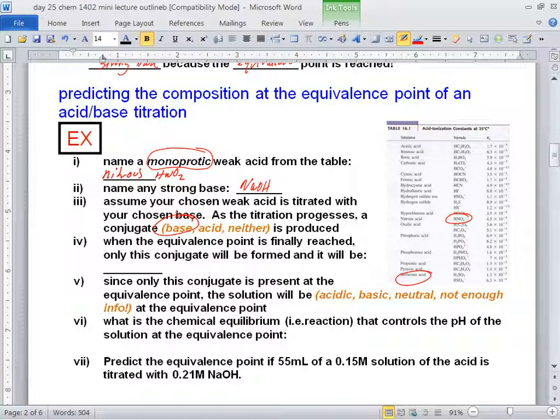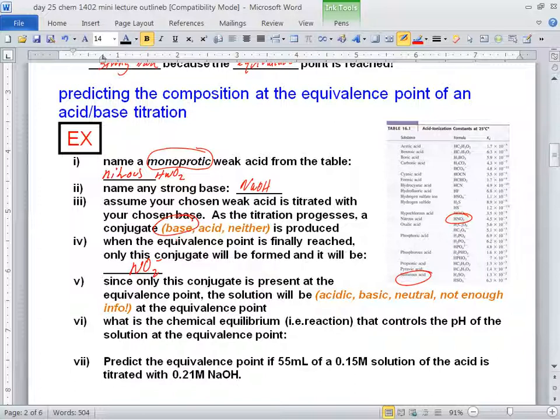When the equivalence point is reached, only this conjugate will be formed, and it will be, what is it? Steph, what is this conjugate base going to be? NO2 minus. Perfect. It's almost like a population game. You've got so much HNO2 and so much NO2 minus, but you're starting out with HNO2 because that's what's in the bottle, right?